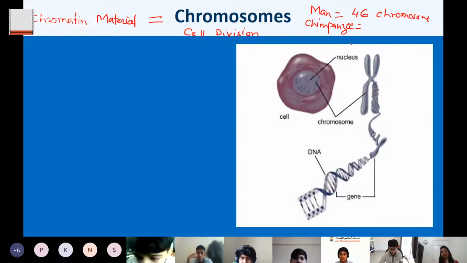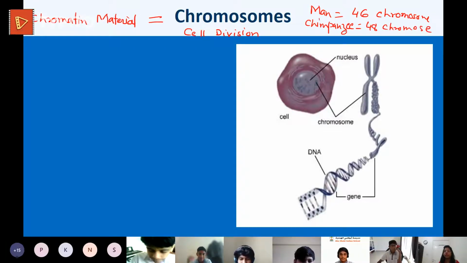Did you Google? Yes. Google and tell me. 48, correct? Now, can you Google and tell me the number of chromosomes in a mango? Mango is a plant. In the mango plant, what is the number of chromosomes? 40.